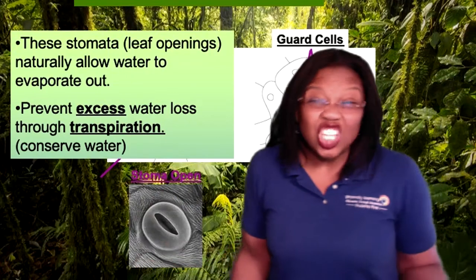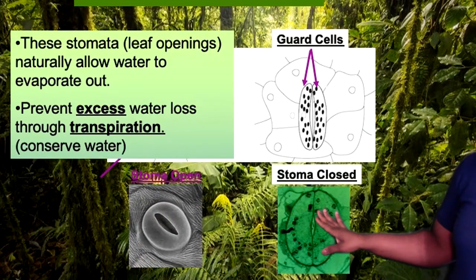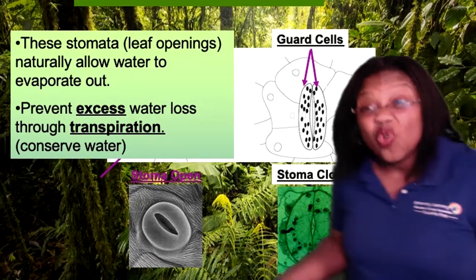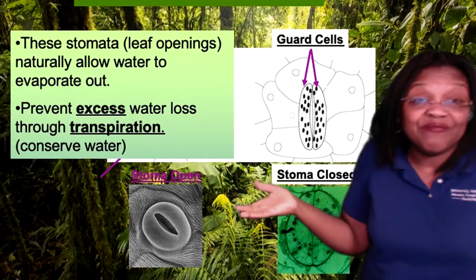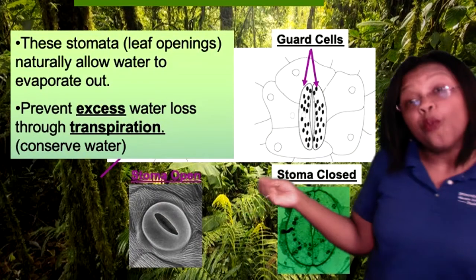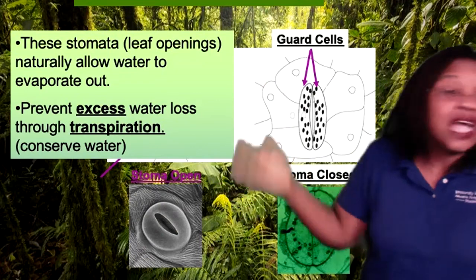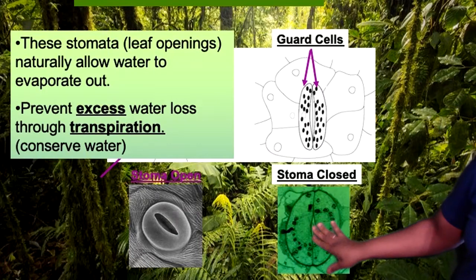So for instance, during a hot day, that stoma might stay closed because it's so hot. It's probably not going to want to open up and release too much water. Whereas maybe later on in the evening when it's a little cooler, it might open up and release some water. So it depends on the time of day. The plant knows when to open up and allow the water out.